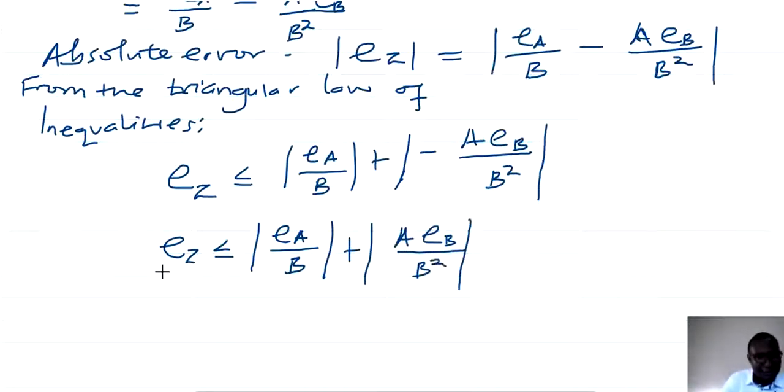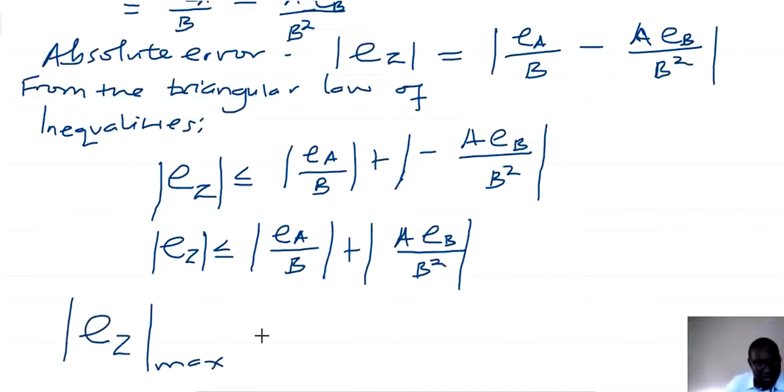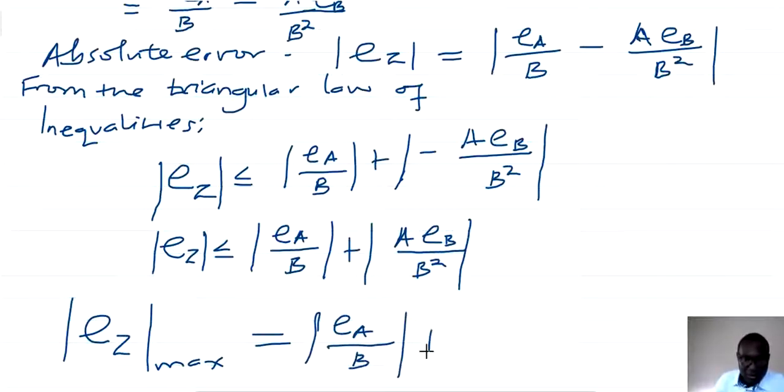So from here we get the maximum, of course, absolute on both sides here. So from here we now take the maximum error, the max is now equal to, since this is less or equal to, the equal to is what makes up the maximum error. So you have error in A all over B plus you have A error in B divided by B squared.